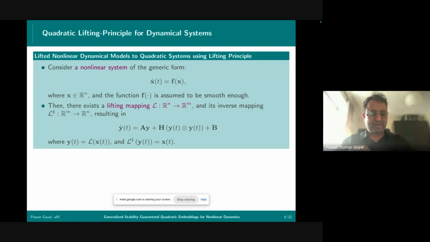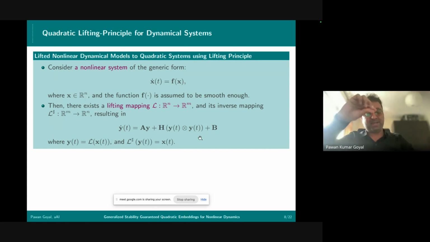This mapping is finite dimensional, and the dynamics of y can be given by a quadratic system. So we can go from x to y in finite dimensions, y is also finite dimensional, but the dynamics of y I can write as a quadratic system.